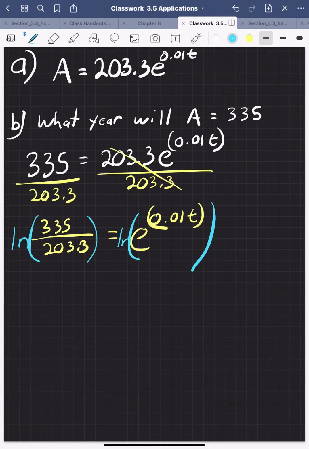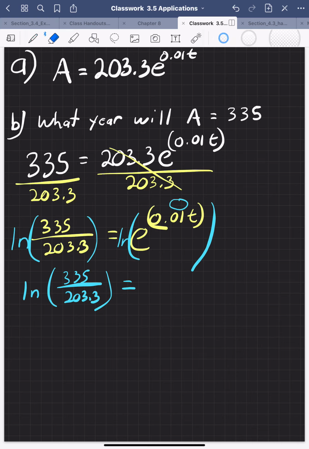And let's write that. So now it's going to be ln 335 over 203.3 is equal to, remember, we can now bring that exponent, bring all of that out front. So 0.01 t ln of e.